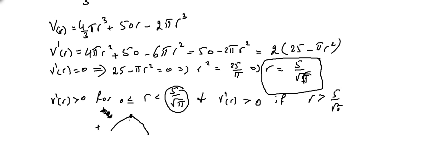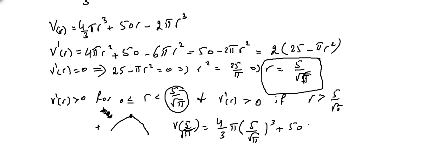This means that at this value, V of 5 over radical pi, the volume is the maximum volume. So we just substitute this value instead of r: it's 4 over 3 pi times (5 over radical pi) all cubed, plus 50 times r, with r being 5 over radical pi, and minus 2 pi times (5 over radical pi) also cubed.